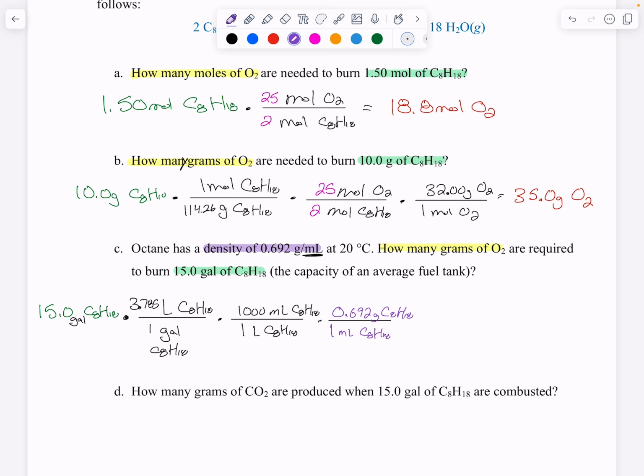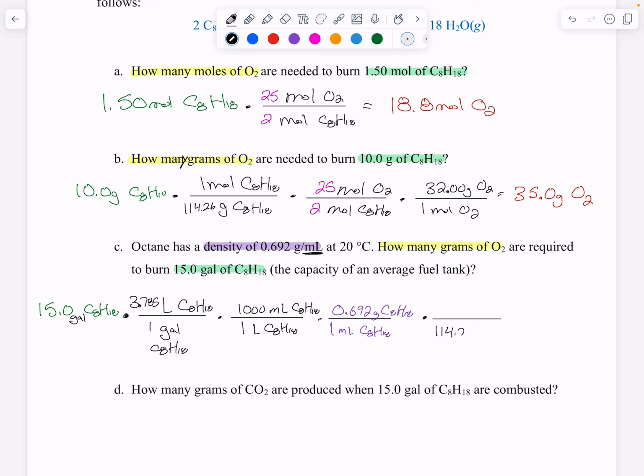So there we go. We're doing good here. And then it's going to look exactly like it did above, right? 114.26 grams of octane. 1 mole.